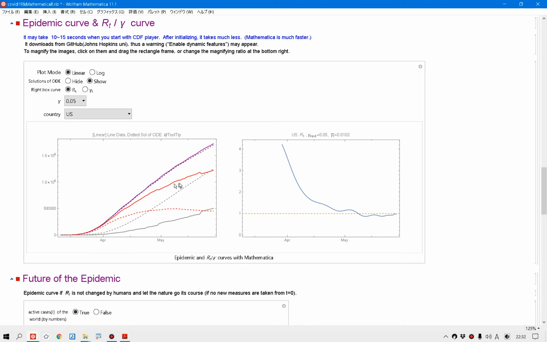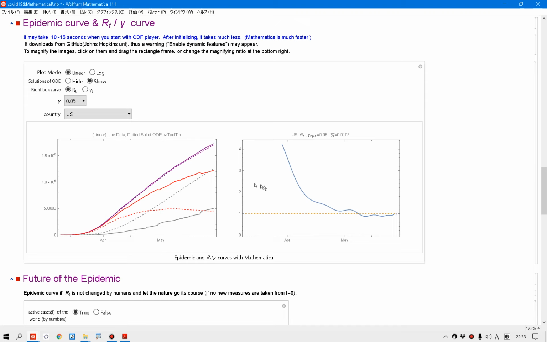And the actual recovered is 50,000 in the States, but I suppose that the real recovered number is about 122,000. That is my guess.